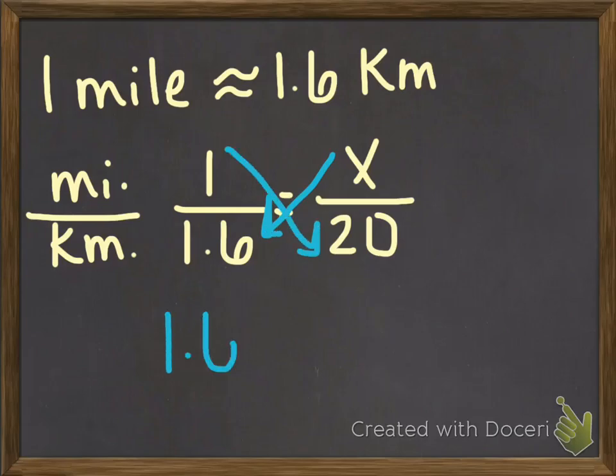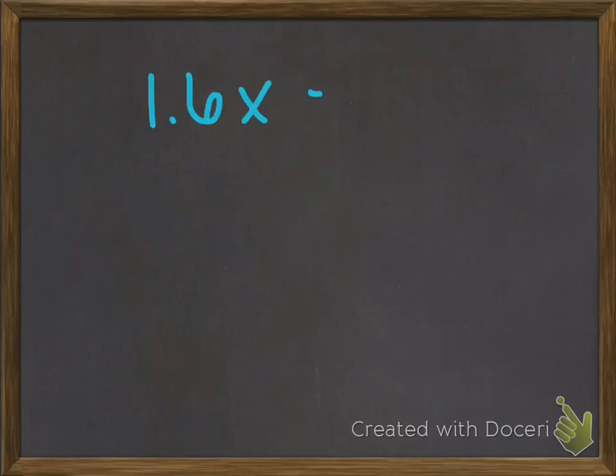When I cross multiply, this time I get 1.6 times x is equal to 1 times 20, which is equal to 20. Now I'm going to solve my one-step equation by dividing. I will divide 20 divided by 1.6.